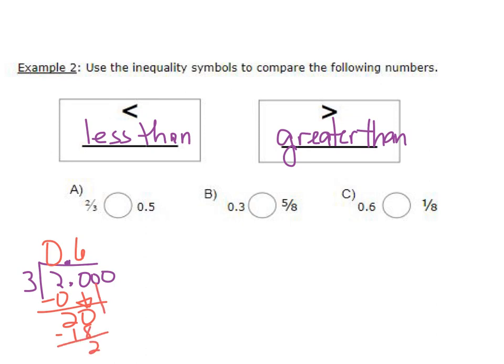Remainder 2. Again, 3 into 20 is 6 times, and if you notice, it's going to be repeating. So I'm going to put this as 0.66 compared to 0.5. In this case, this is going to be greater than, because 6 is greater than 5.